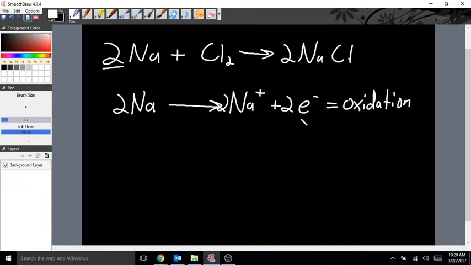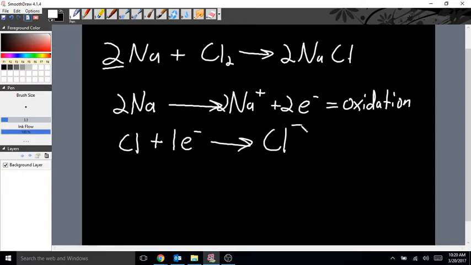All right, so let's look at the chlorine now. If we look at chlorine, once again, 7 outer shell electrons, that's going to take 1 to get up to 8. So in this case, the chlorine is going to take 1 electron to form that negative chlorine ion.